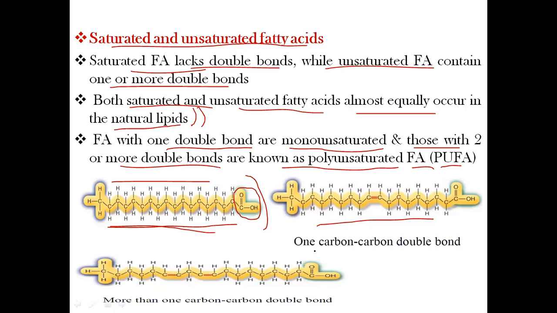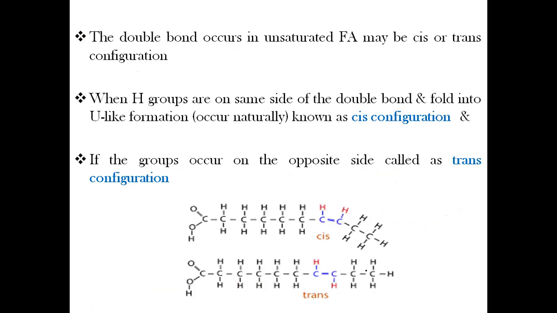This compound contains one double bond, so it is a monounsaturated fatty acid. In this example, there are two double bonds, one here and another here, so it is a polyunsaturated fatty acid. So that is all about saturated and unsaturated fatty acids.